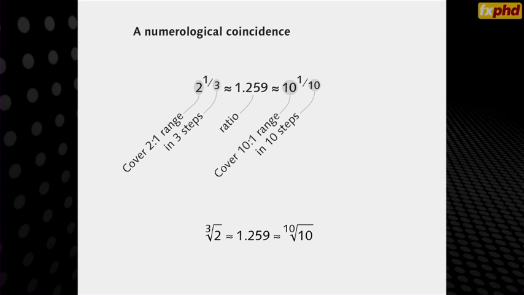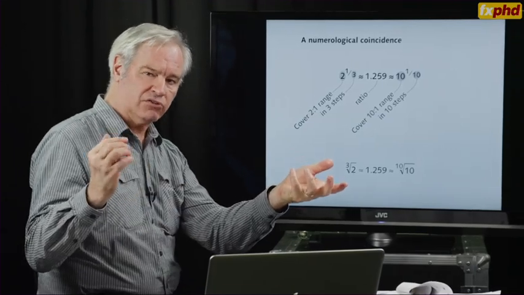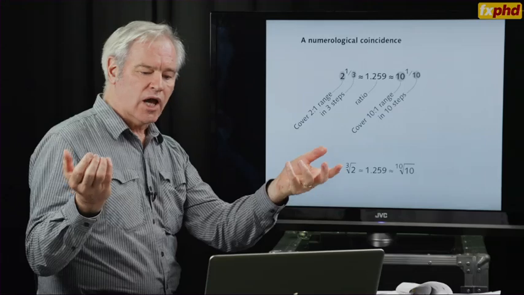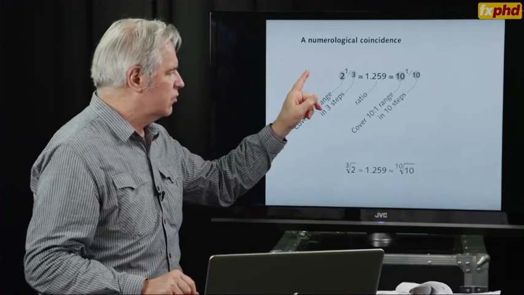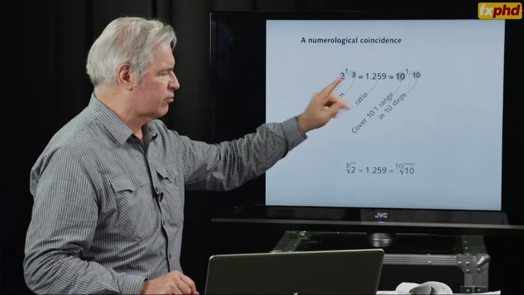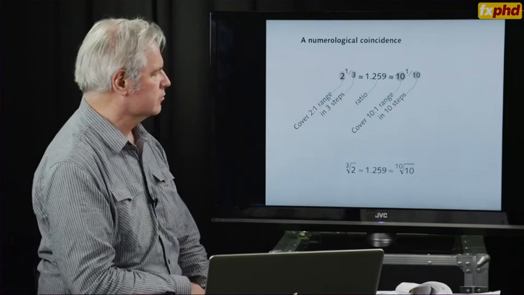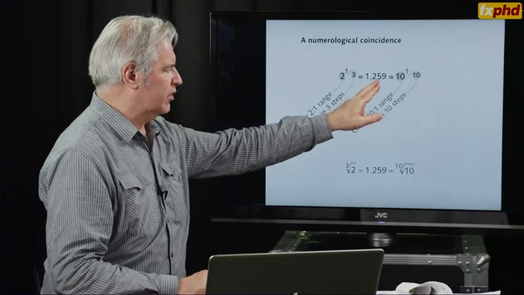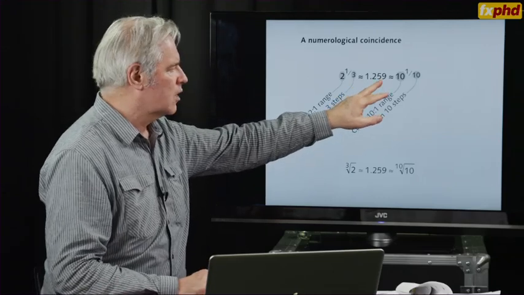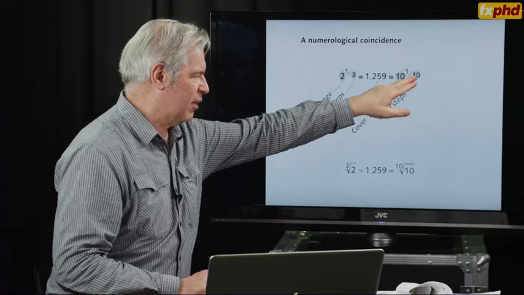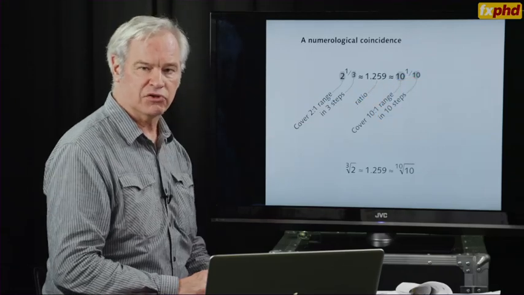Now, there's a very interesting relationship between the base 10 density units and the base 2 stops. And that is that 2 to the power 1/3 is about 1.259, and 10 to the power 1/10 is about 1.260.